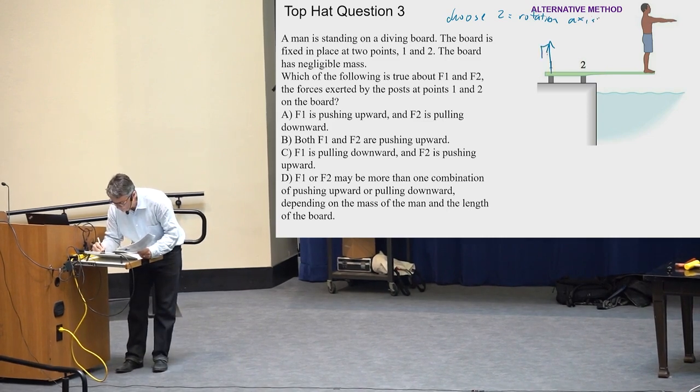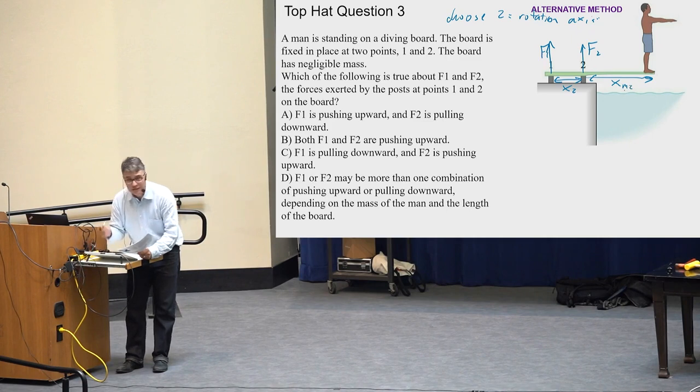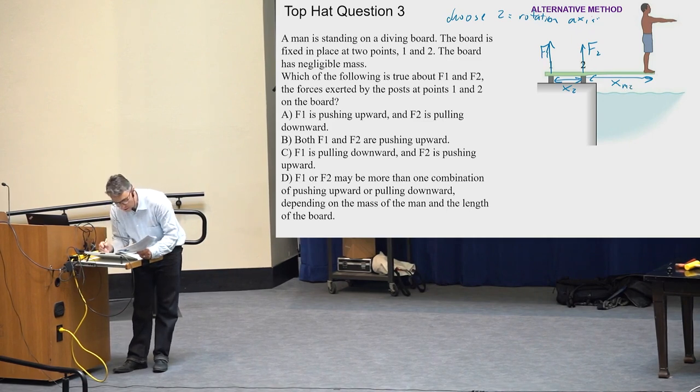Again, here's F1 and here's F2. We'll still call this x2, and this will now be, I guess, x_m2. It's a different coordinate system, so maybe I should call it something else.